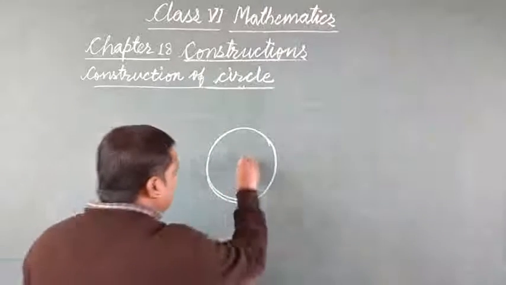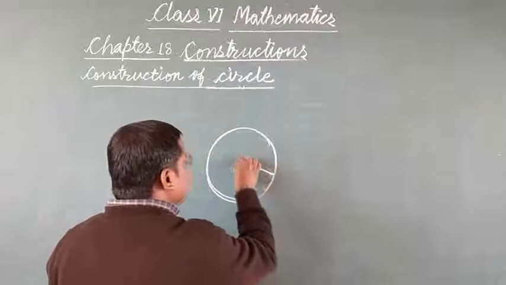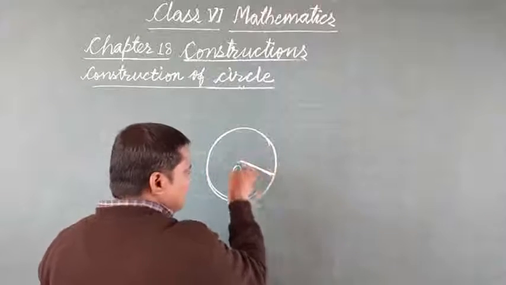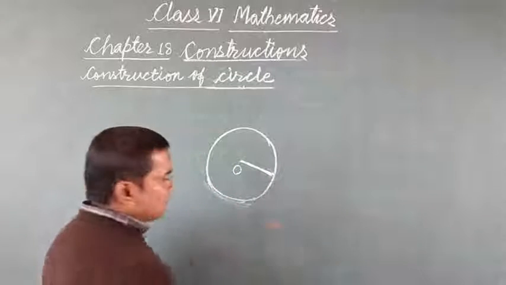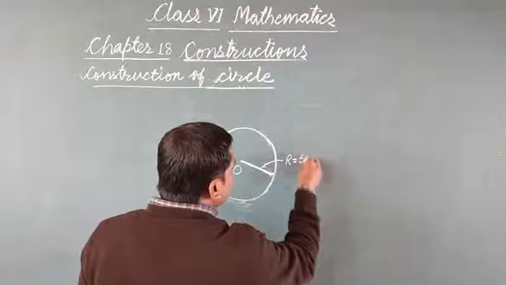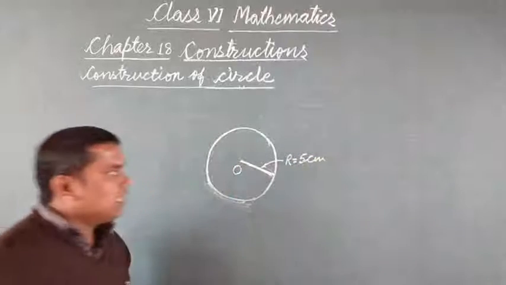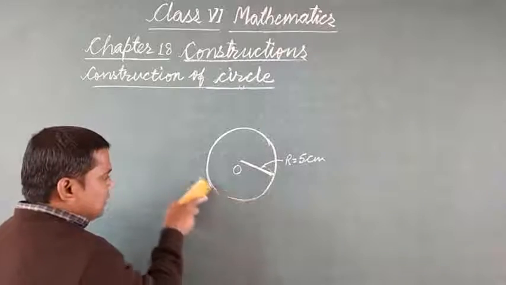And from here to here is the radius. This is center, and this you will get circumference of the circle. So it is radius which is given 5 cm. Means you have drawn the circle of radius 5 cm.